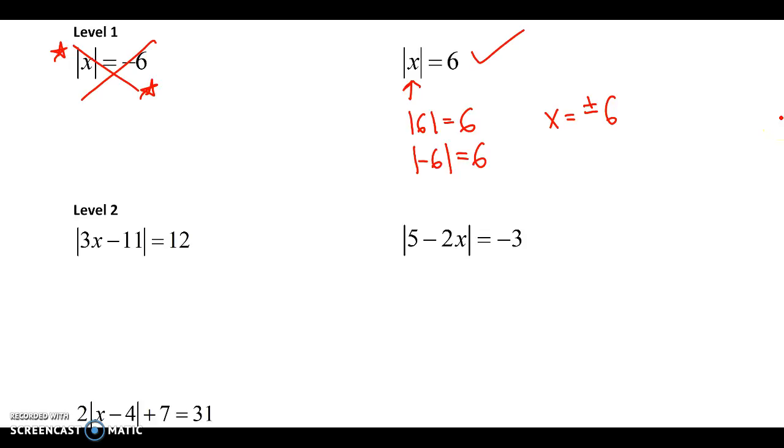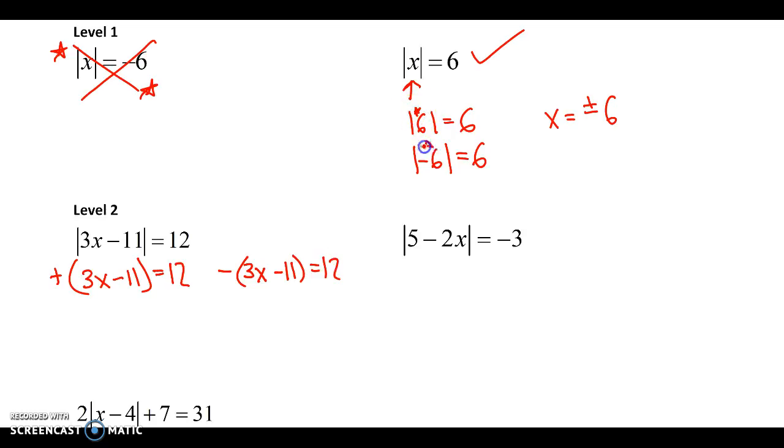So there's two situations for where the absolute value of 3x minus 11 equals a positive 12, right? If I just take the positive version of this, just 3x minus 11, whatever this number is here, that can equal 12. Or if I plug in the negative version of this, 3x minus 11, it would also equal 12, which is what I said here.